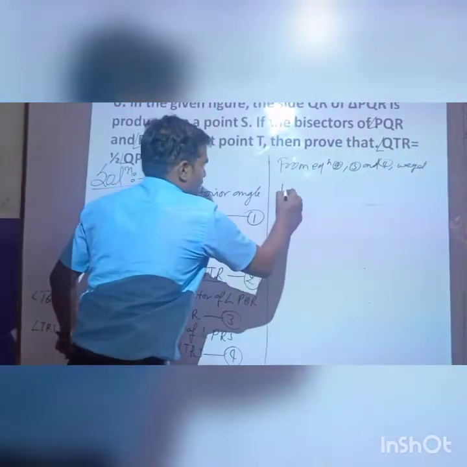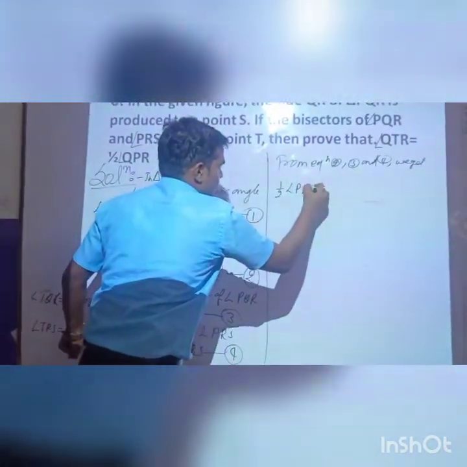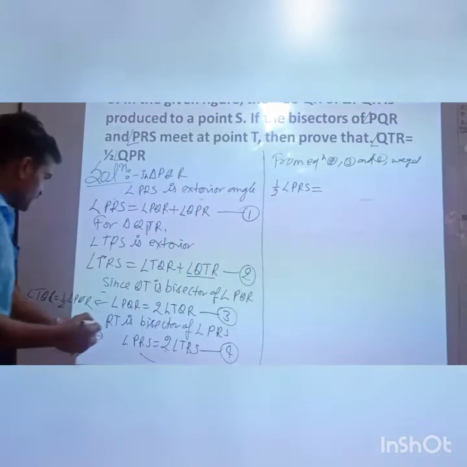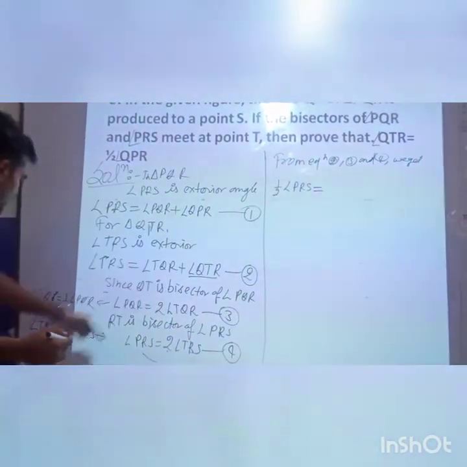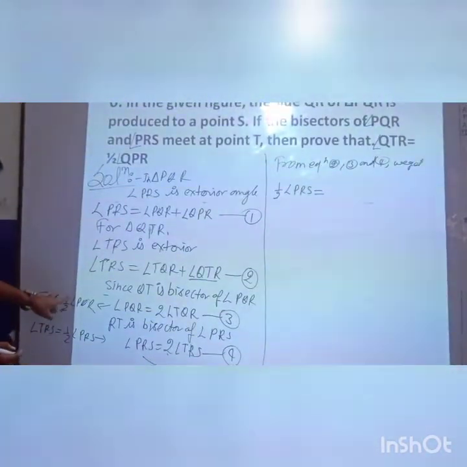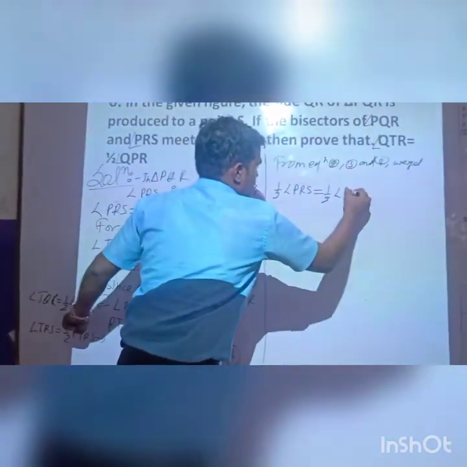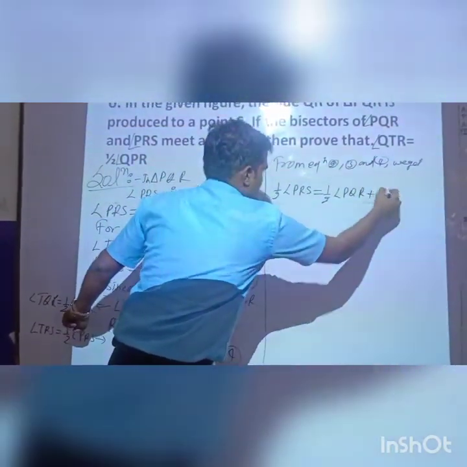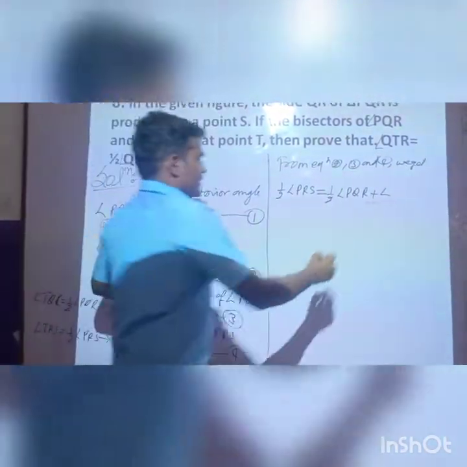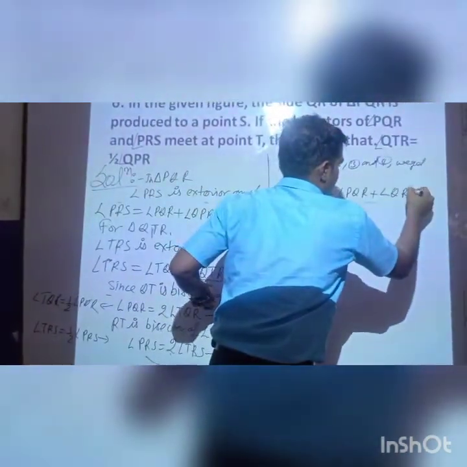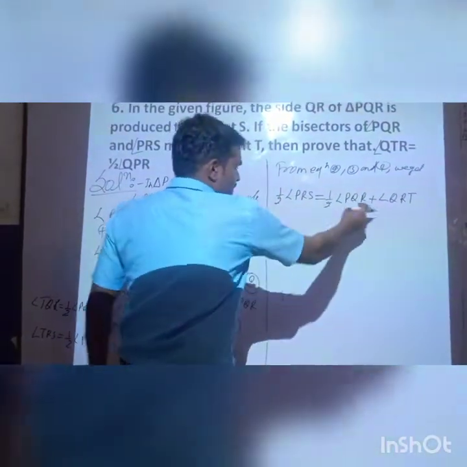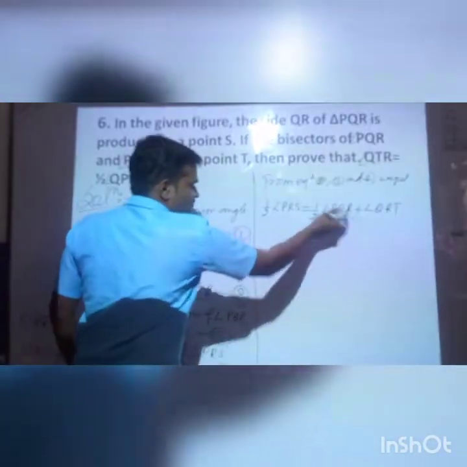So write down: 1 upon 2 PRS is equal to 1 upon 2 PQR plus angle QTR. Okay. Now students, we will transpose this one from there.